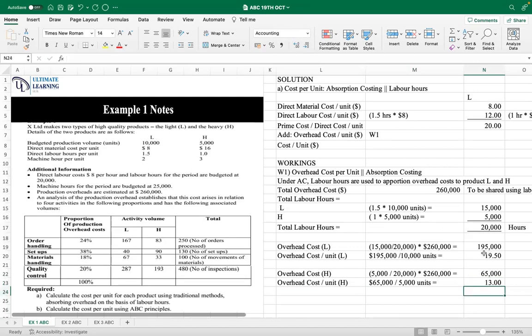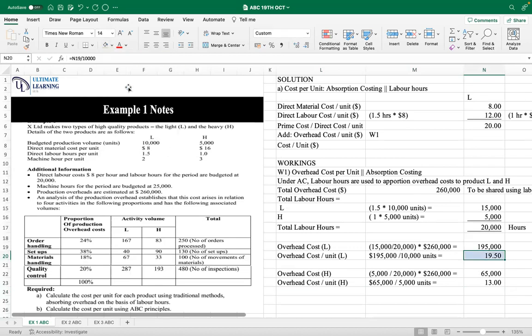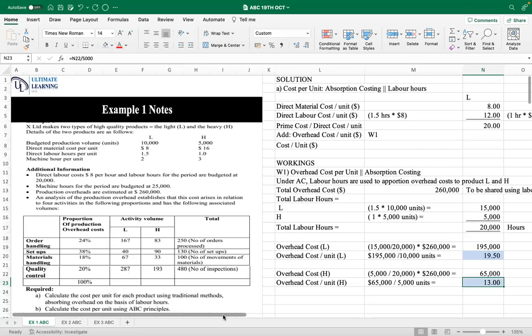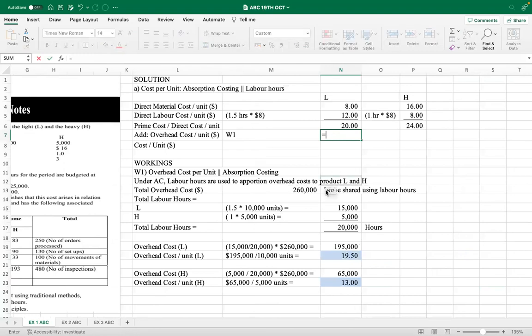So we are in need of those values to complete the costs here. For L, the overhead cost per unit was 19.5. For H, the overhead cost per unit is 13.